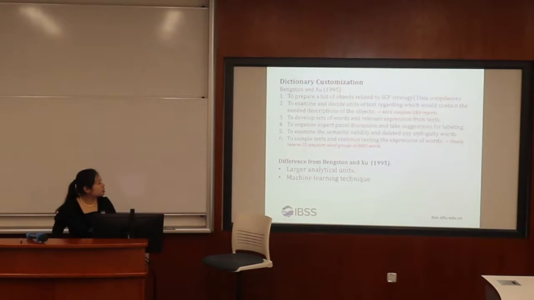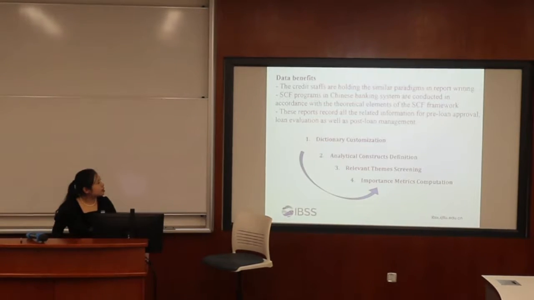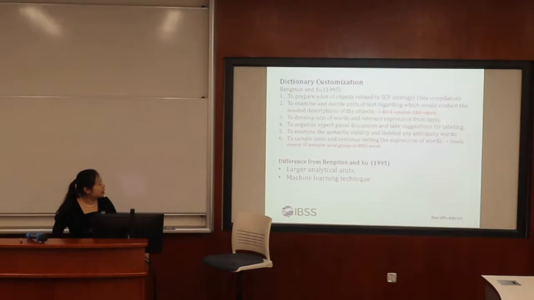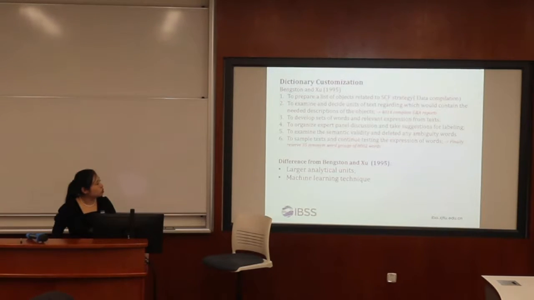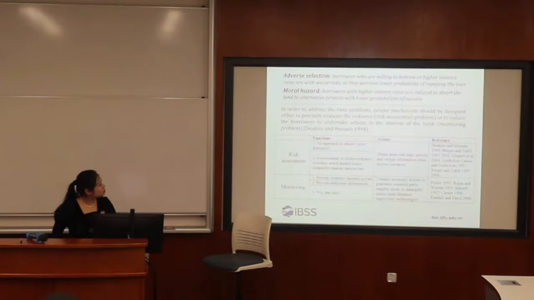Finally, we got 35 sample word groups of 8,002 words. In this paper, we try to use machine learning techniques to help us do this unit classification. Then it can help us to group all these words from these 4,040 reports.